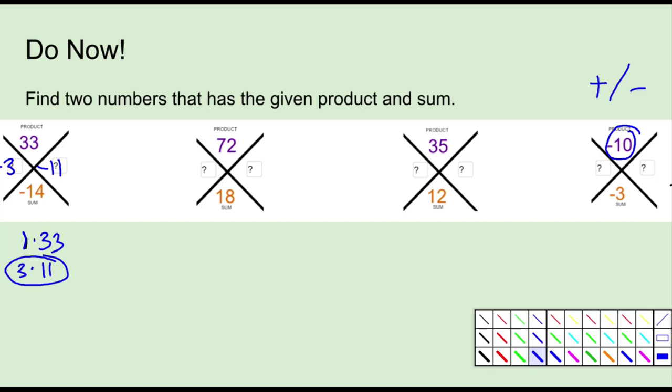Now over here, since this is a 72, what do I know about my signs right now? A positive times a positive would work, or a negative times a negative. Those are going to be my choices for this one. But because this is a positive 18, then I already know this is a positive and this is a positive. So whatever works, it's going to have to be positive and positive.